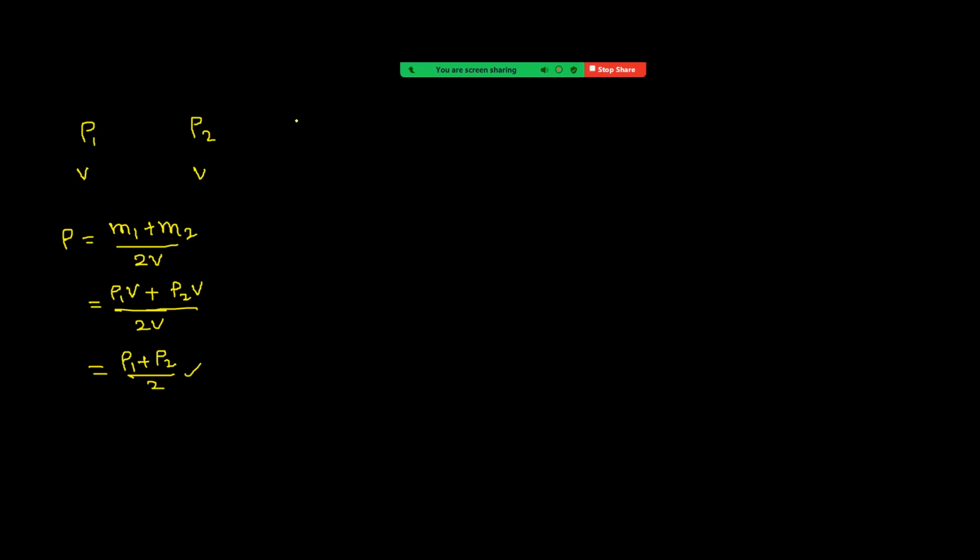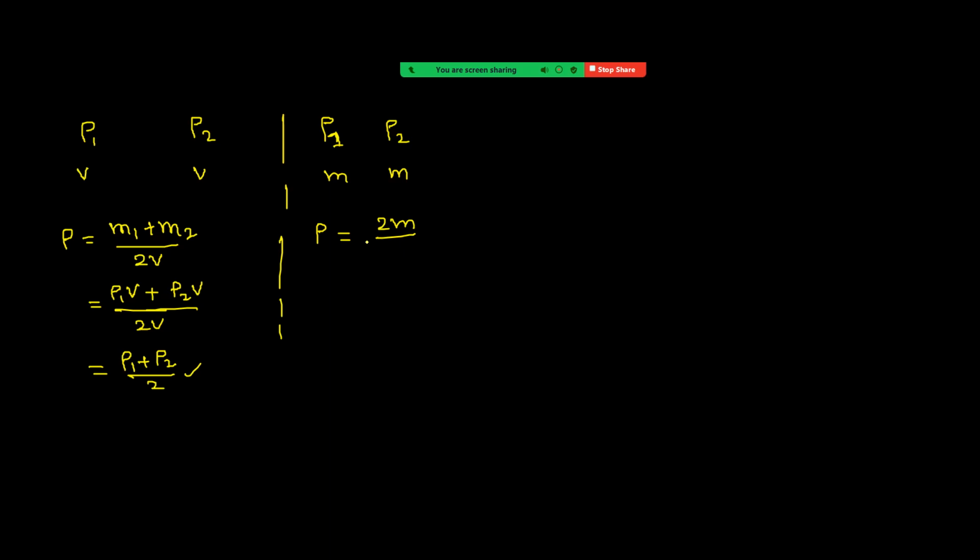Okay. Now see the next problem. Given equal masses, m and m, with different densities. Now see what happens. Density equals total mass, that is 2m, upon total volume.